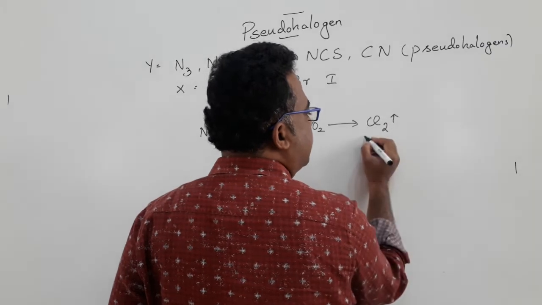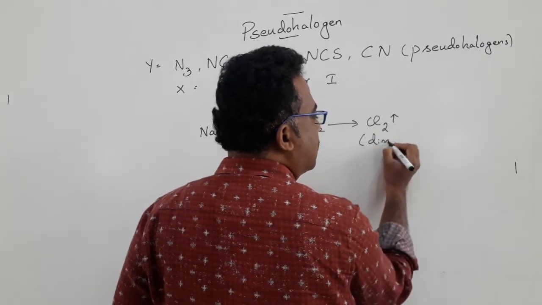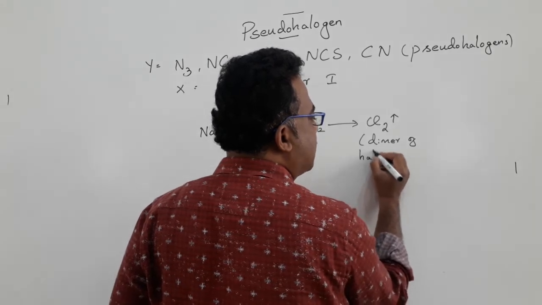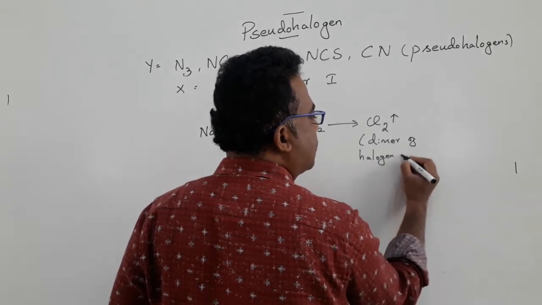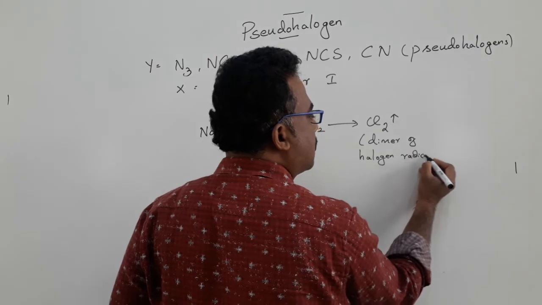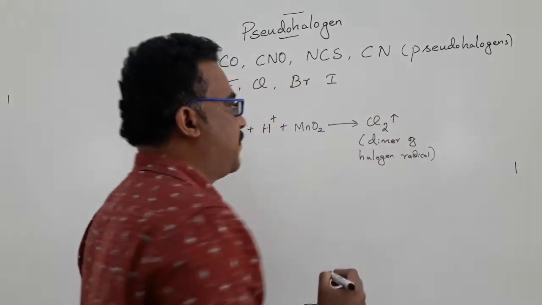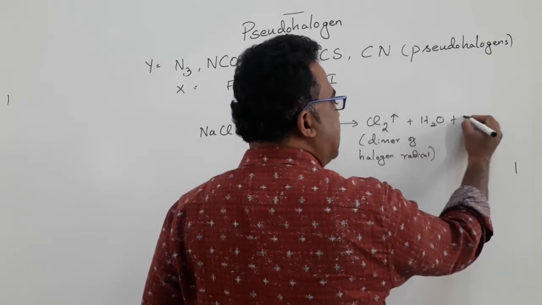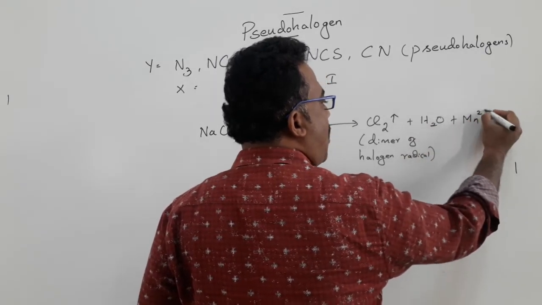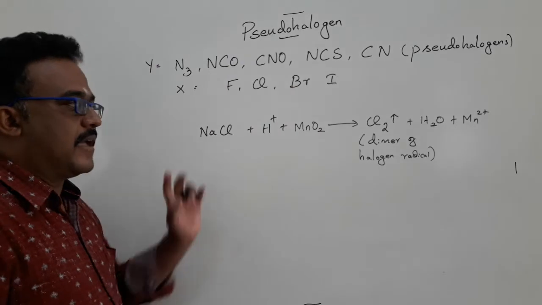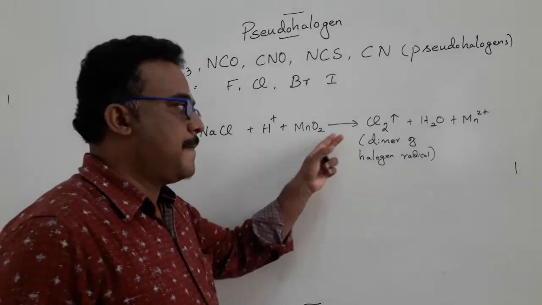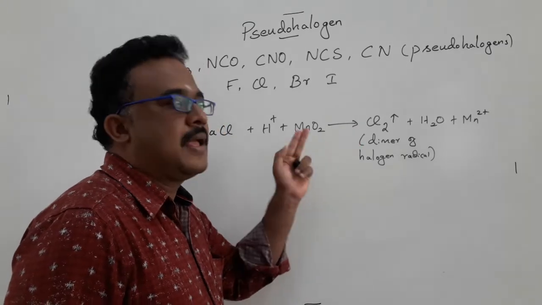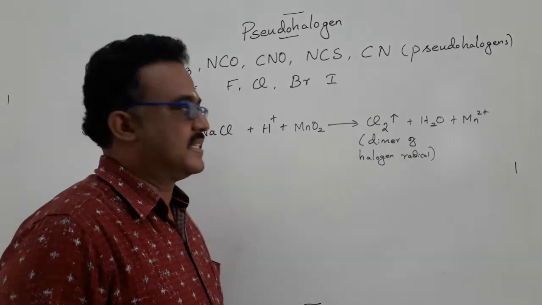A dimer of the halogen radical forms. Chlorine gas is formed along with water molecules, and manganese will be in the +2 oxidation state. It's a very well-known reaction. By this way, we can prepare chlorine gas on a laboratory scale.